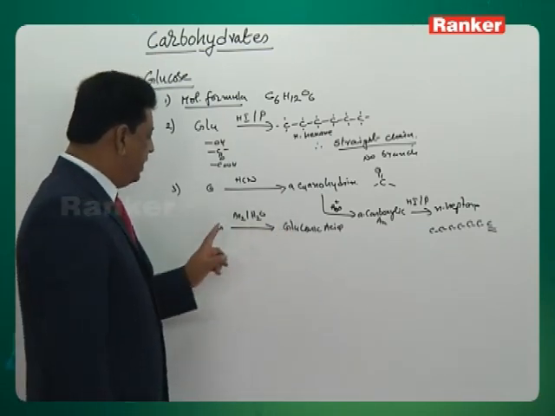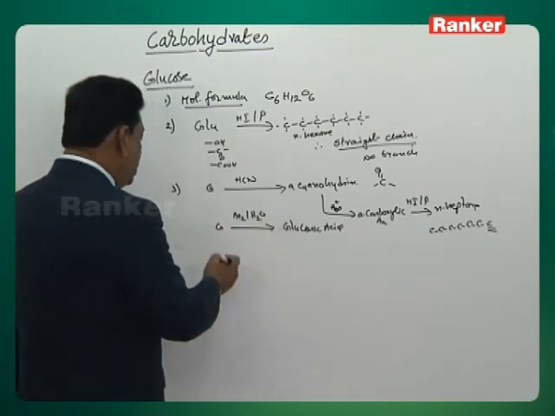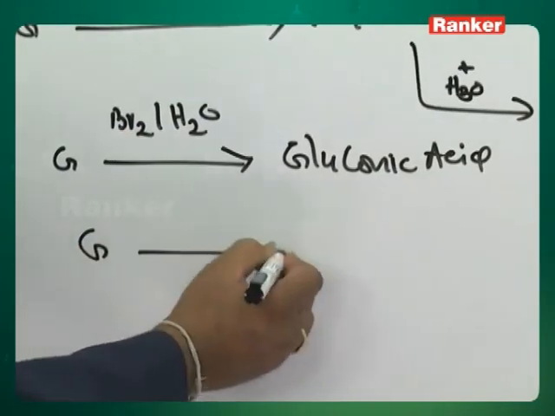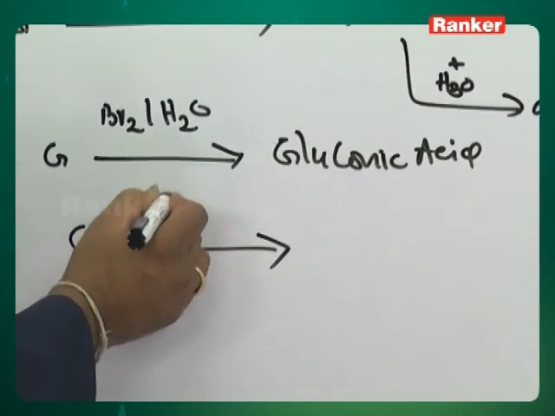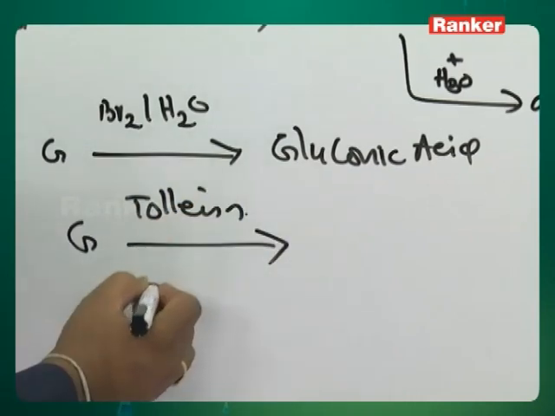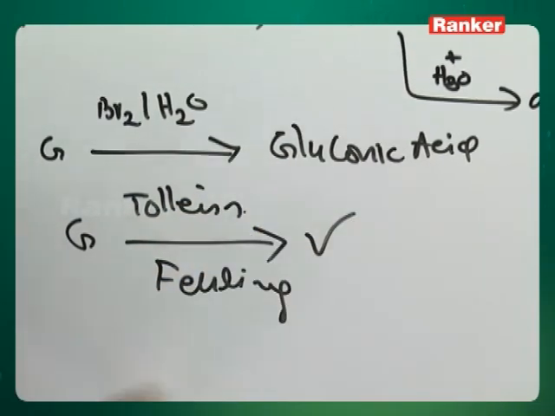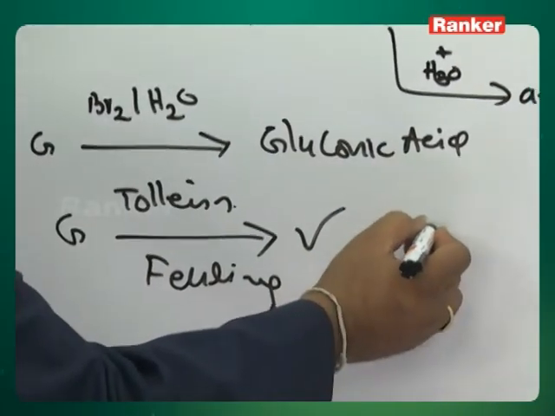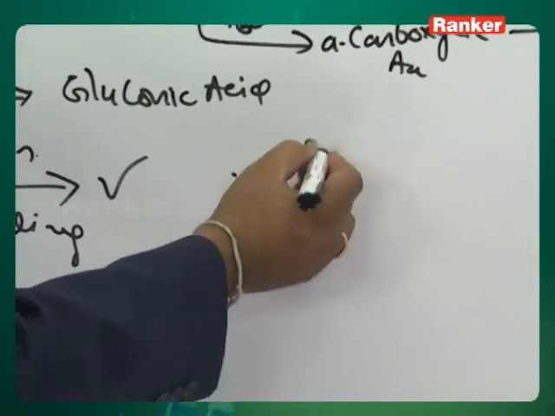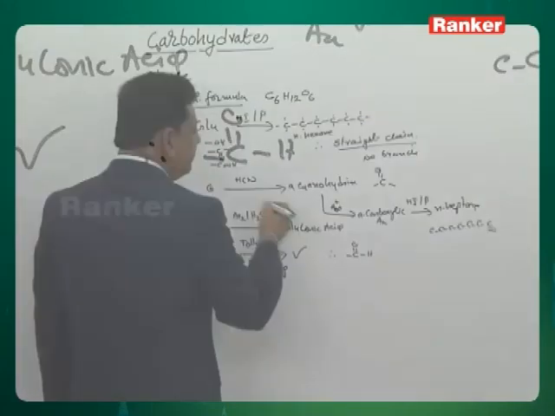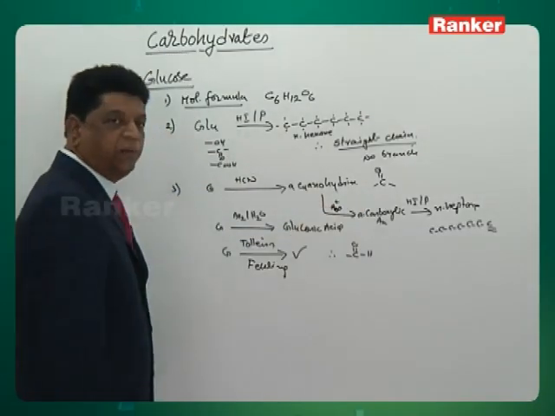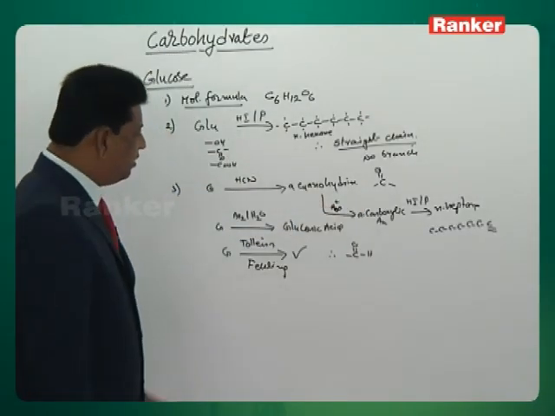Oxidation means it must be an aldehyde. Glucose also gives tests like the Tollens test and Fehling's test. All these tests give positive reactions, which shows there is an aldehyde function. So the cyanide reaction also proves that the carbonyl carbon is on the last carbon, therefore an aldehyde is there.